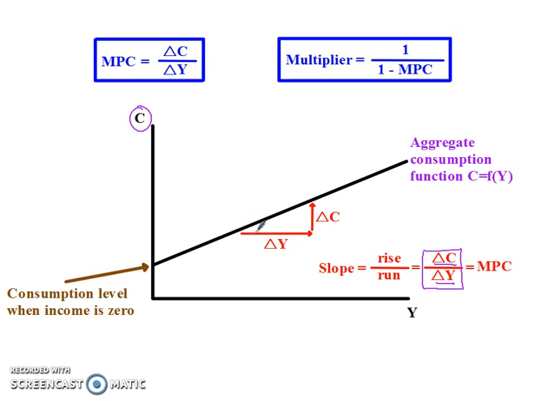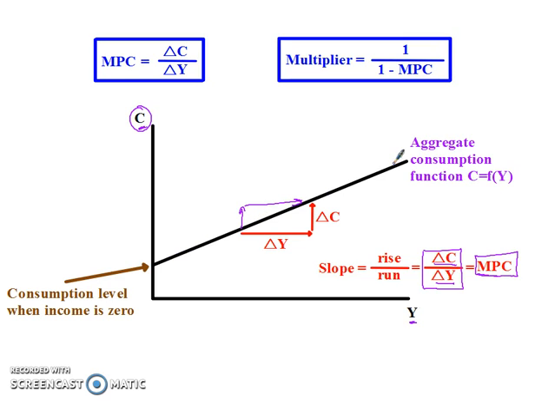So if y goes up by this much, consumption goes up by this much. Or say that the other way around. If consumption goes up by this much, then y goes up by that much. Whichever way you want to think about it, that's the slope, which is also the marginal propensity to consume. So the slope of this graph is the marginal propensity to consume. Okay? So this is the relationship between GDP and consumption.